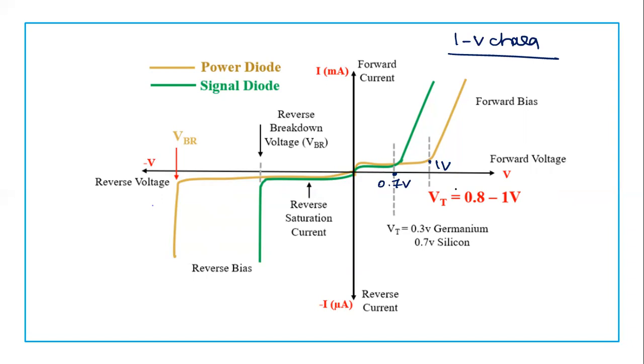So the power diodes are now available with forward current rating of 1 ampere to several thousand amperes, and with reverse ratings of 50 volts to 5000 volts.